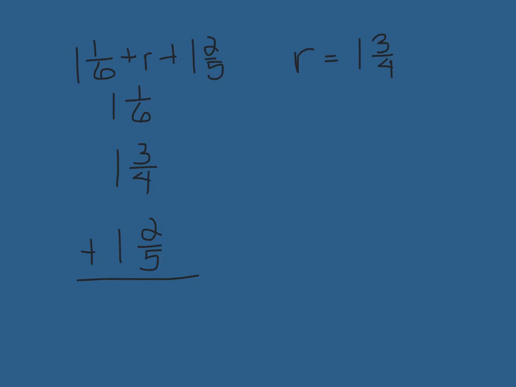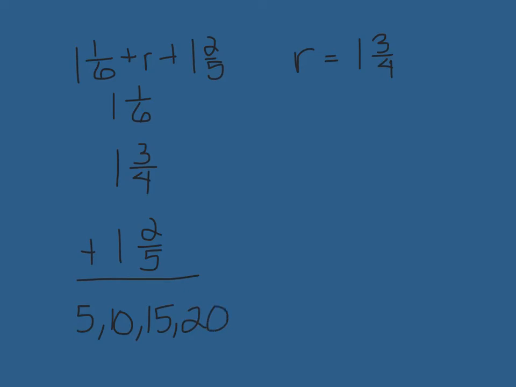So now I need to look at my denominators. I have a 6, a 4, and a 5. So I need to think, what do all of these go into evenly? I'm going to use my 5 and just find my multiples of 5 while trying to think, what do 4 and 6 also go into that's common here? So I'll list 5, 10, 15, 20.